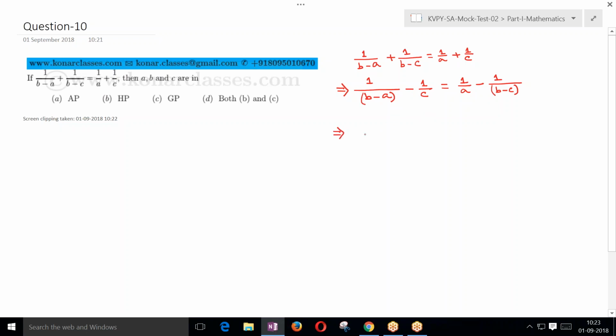Now if we simplify, what will we get? We'll get c into b minus a, so it is c minus b minus a, equal to a into b minus c, here it is b minus c minus a.